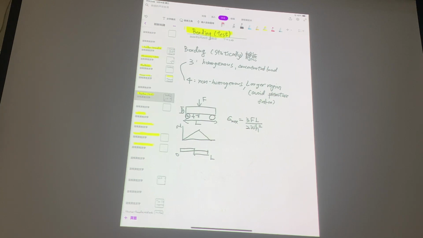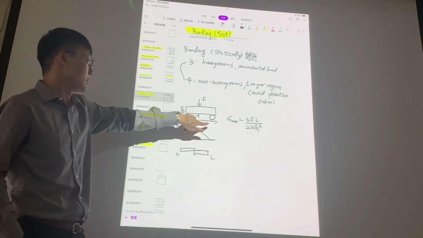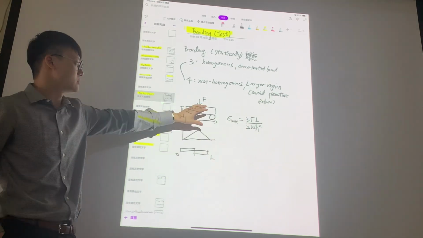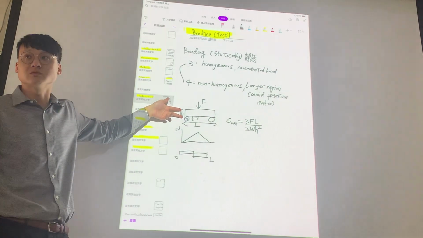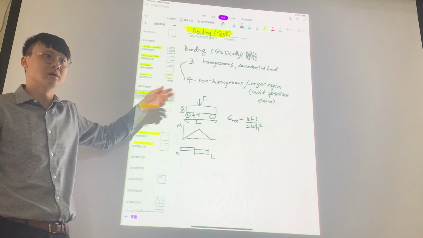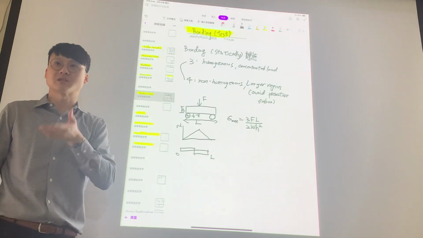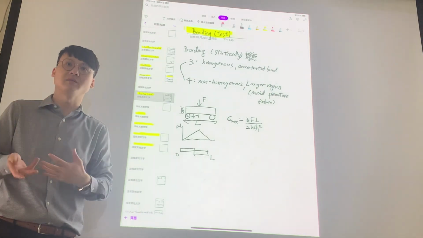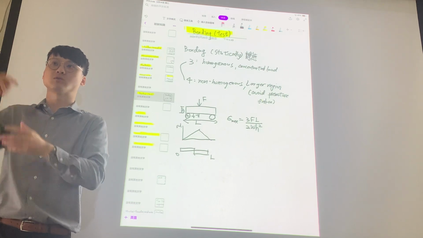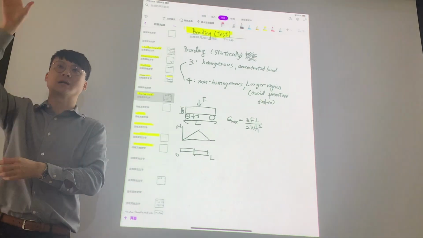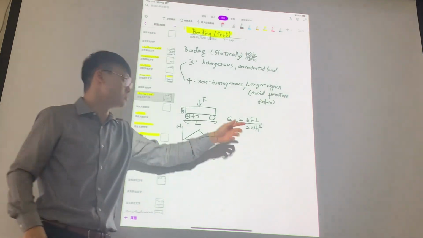Force you already know, L is the length, W is the width going inside, and H is the thickness, the height. So what this equation gives you is, supposedly today you have a specimen and you do a 3-point bending. The machine should give you the maximum load value when it breaks. Once you have that load, you put it in this equation.